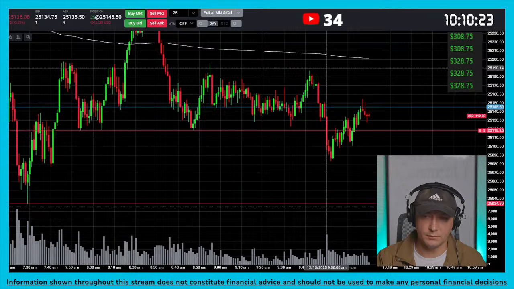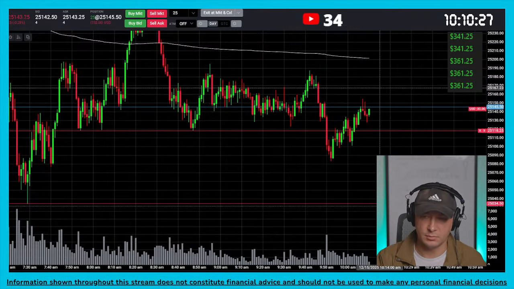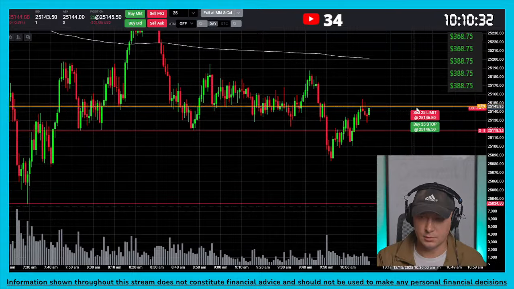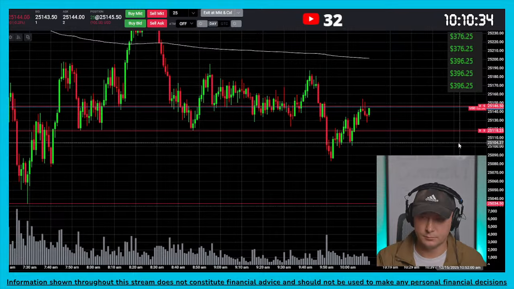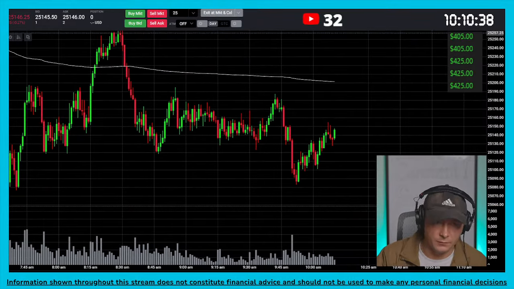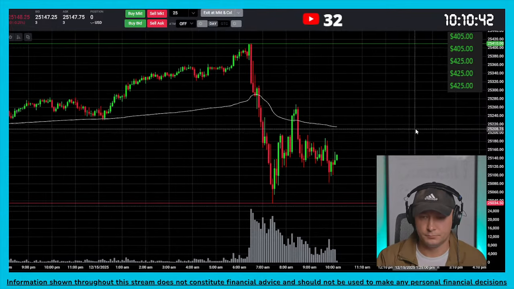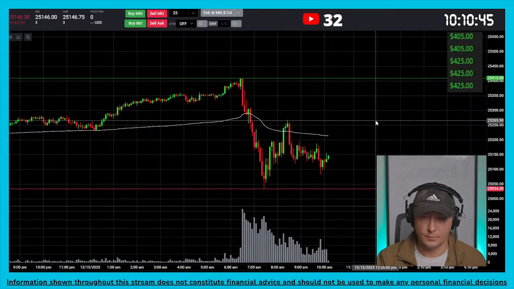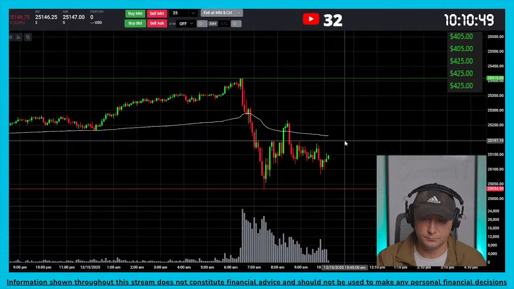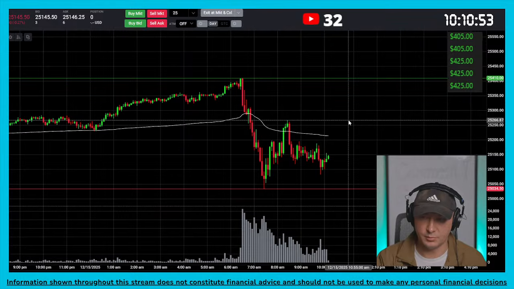Really want to get above VWAP to enter long, because then I'm targeting over 100 points. So let's see here. There we go. Okay, I'm gonna wait for confirmation. Yeah, getting back above 25,200 is probably a good spot.